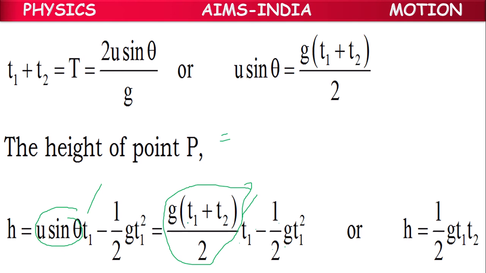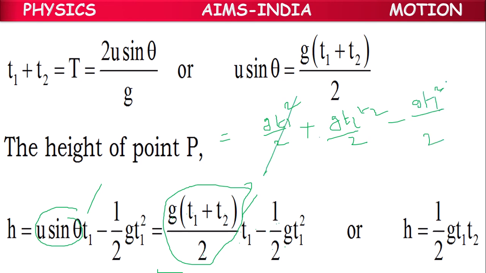If you multiply, what happens? g t1 square by 2 plus g t2 t1 by 2 minus half g t1 square, that is g t1 square by 2.